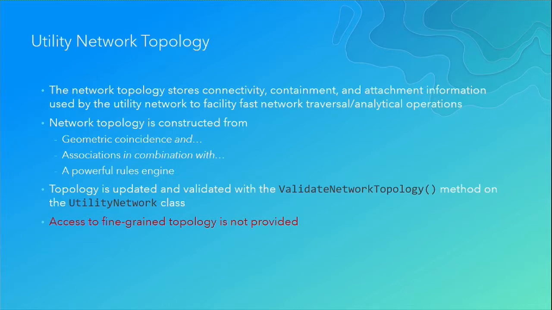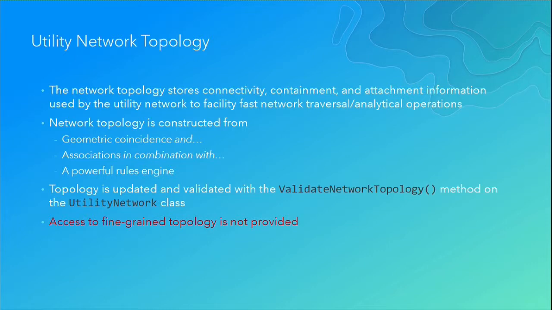It's created from your geometric coincidence. It's created by your associations that you've defined in combination with the rules engine. So if two things are spatially coincident, but there's no rule to connect them, then they're not connected in the network topology. There's a routine called validate network topology on the utility network class that validates that and clears out your dirty areas.